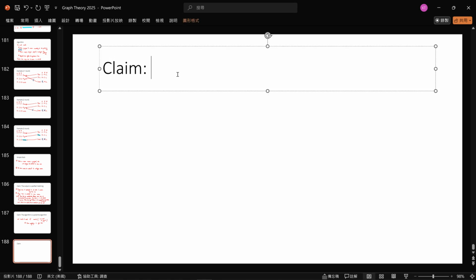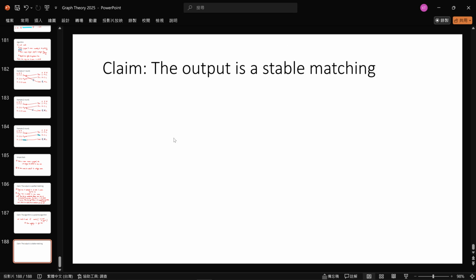All right, so the last claim is about stable matching. We're going to once again use proof by contradiction.